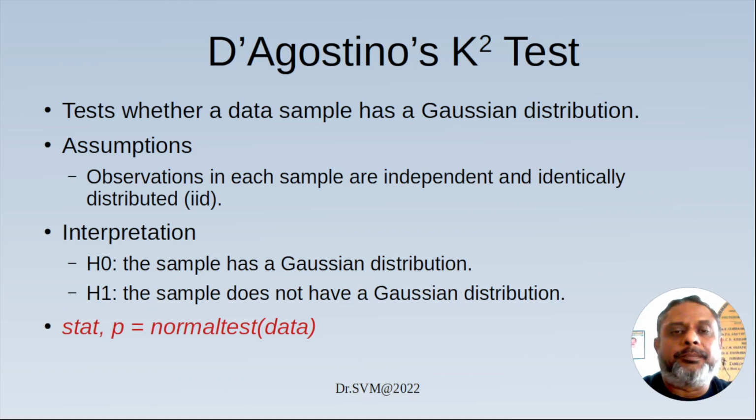We have a Python function, normaltest. Pass the data to normaltest, and we get the results stat and p. If the p-value is less than 5%, we reject the null hypothesis and claim that the data is not Gaussian distributed. If the p-value is greater than 5%, then we cannot reject the null hypothesis. Therefore, the sample is said to have a Gaussian distribution.